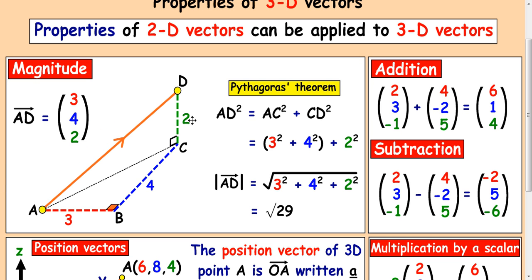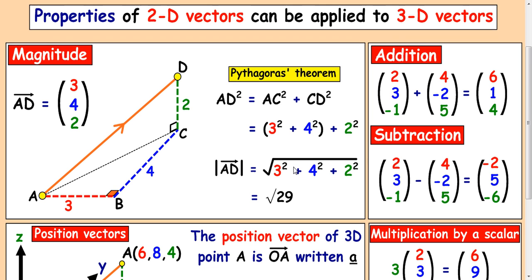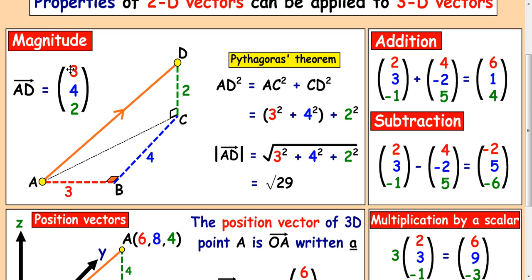And then you've got your 2 here. So to get this here, you take your 2 squared and your 3 squared plus 4 squared, and you square root it all, and you end up with that. It's kind of Pythagoras twice, if you like. So you get your 3 squared plus 4 squared to get AC squared, and then you add on your 2 squared and you square root it all. If you don't really understand that, just square the number here, the number here, the number here, add them together and square root it, and you get the magnitude.